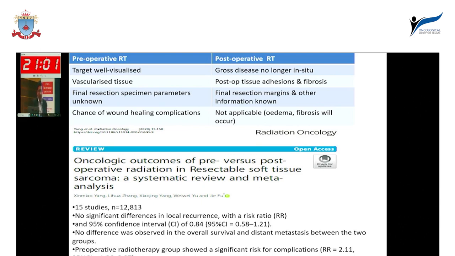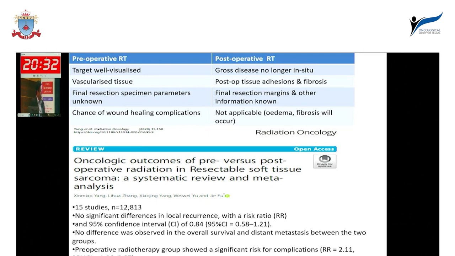Yes, so now actually the trend is more towards pre-op radiotherapy than post-op adjuvant RT. Simply because if we go for pre-op RT, we actually know the tumor better, because we can see it clinically, we can see it radiologically much better. Obviously, when it is post-op, we do not know where it was and how much margin to take. That is number one. And secondly, the vascularity.